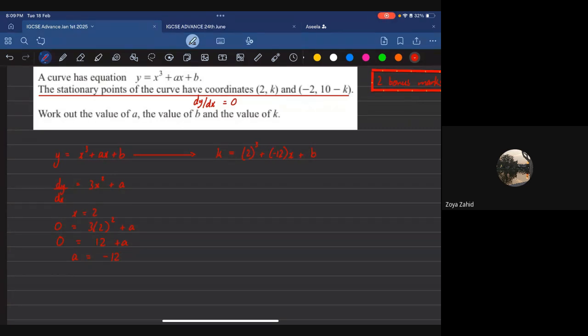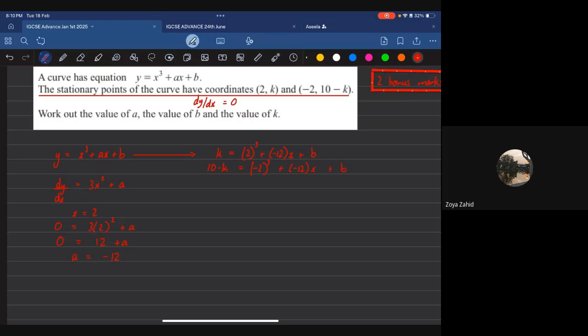Now what's going to happen? What should we do with this, guys? Obviously, I'm going to put the second coordinates in it as well. So y is equal to 10 minus k when x is equal to minus 2 cubed, plus minus 12x, plus b.